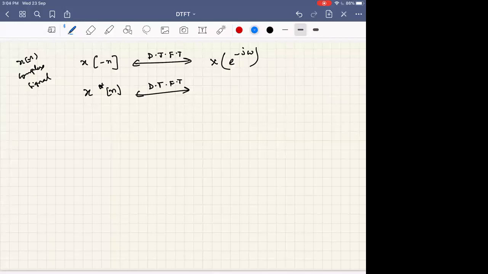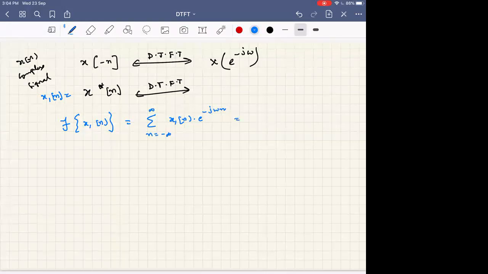Yes. Can you quickly derive and tell? I will take this one as x1 of n, just to be simple. I want to find the transform of this, just the notation for the discrete time Fourier transform. I will apply the definition: x1 of n e power minus j omega n, summed over n.